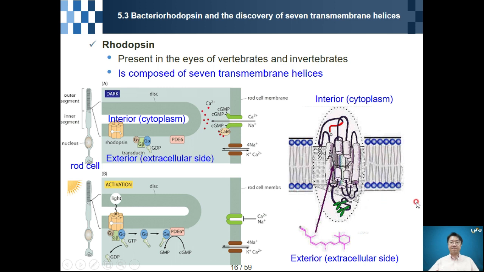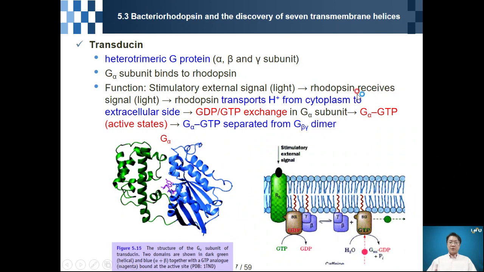Okay, so after rhodopsin receives the signal, for example light, there will be subsequent signal transduction pathways. So we will see some details. The subsequent signaling pathway is conducted by transducin.